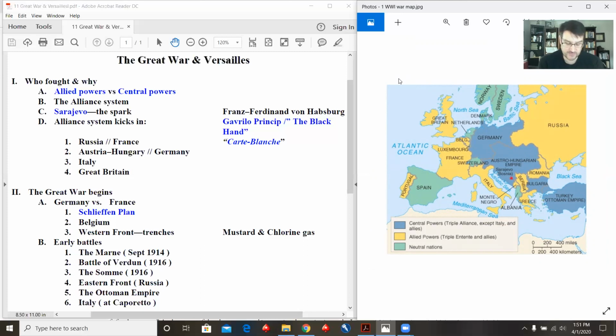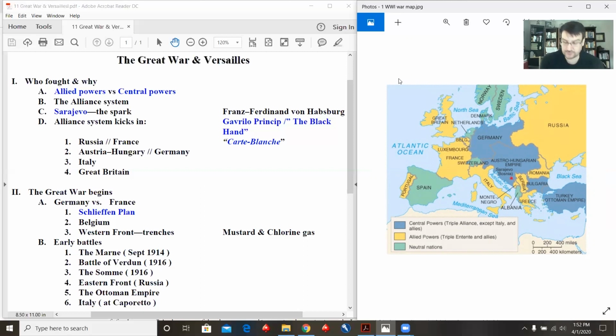And then the empire was made up of various Slavic ethnicities, and all of them were second-class citizens in the Austro-Hungarian Empire. These included some Serbians, Bosnians, Croats, Slovenes, and others. And these Slavs felt subordinated in the empire, which was led by the German-speaking Austrians and the Hungarians, both of whom were non-Slavic peoples.